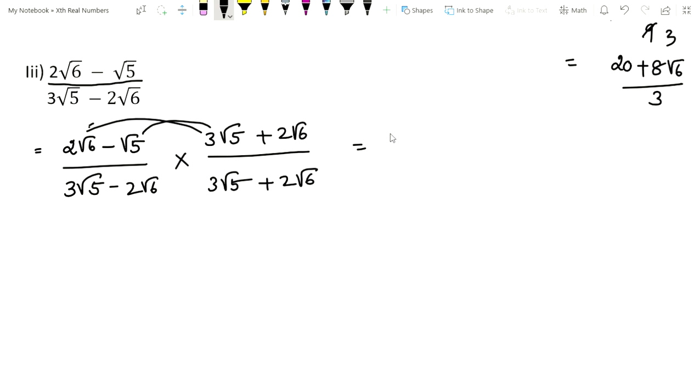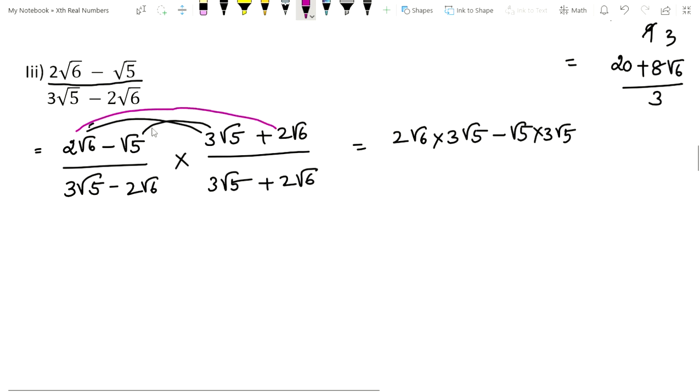So 2 root 6 into 3 root 5. Next, minus is there, here plus, minus into plus, minus root 5 into 3 root 5. Next, 2 root 6 into 2 root 6, minus root 5 into 2 root 6.